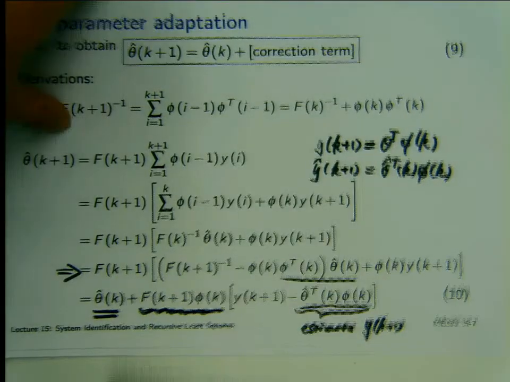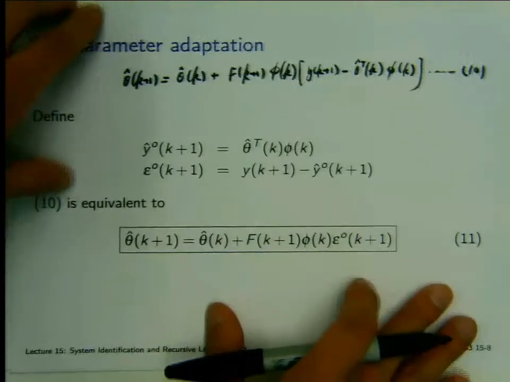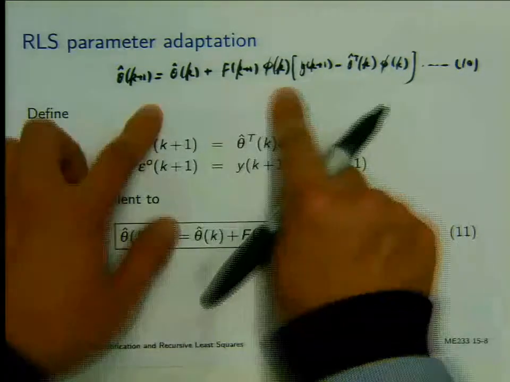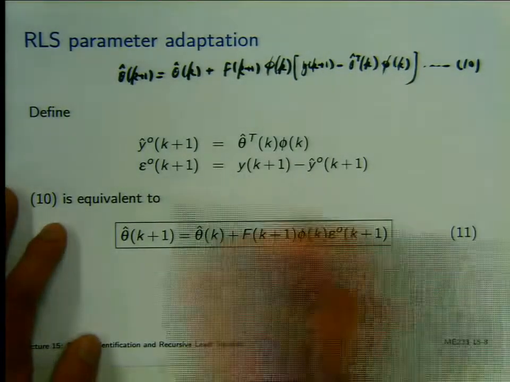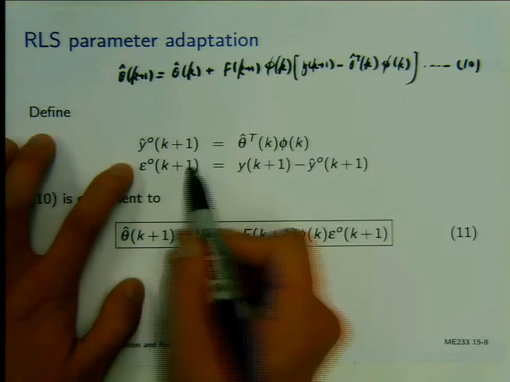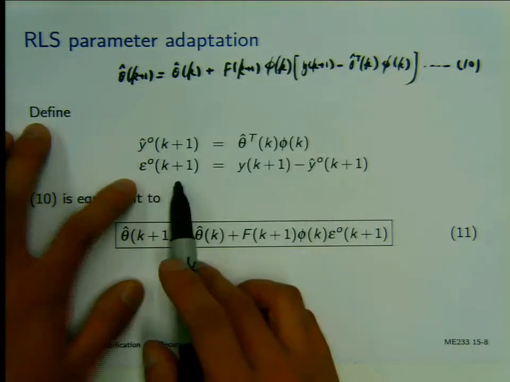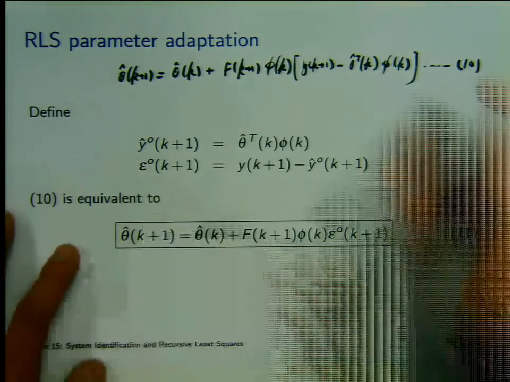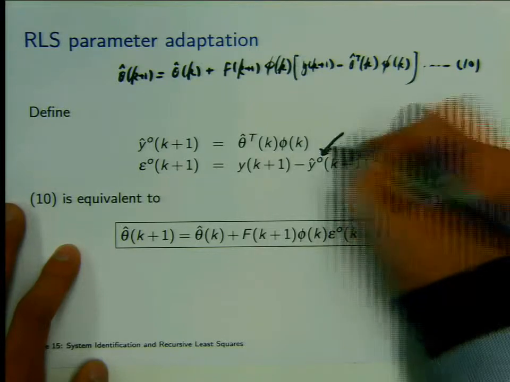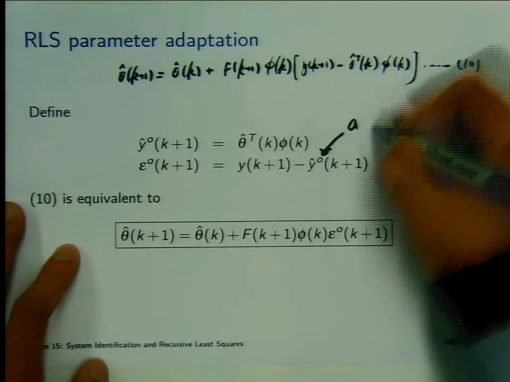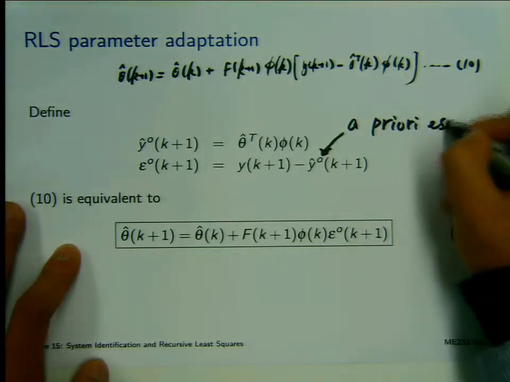So these intuitions can be written more formally as follows. I have copied down the equation we have just derived, equation 10. More formally, we can define these estimations. This is the estimation of y, and this is the estimation error. I'm using a notation of y naught here. We will later see this is called a priori estimate.